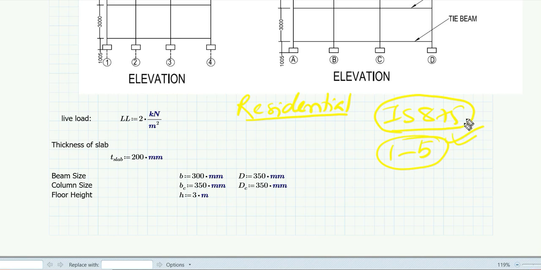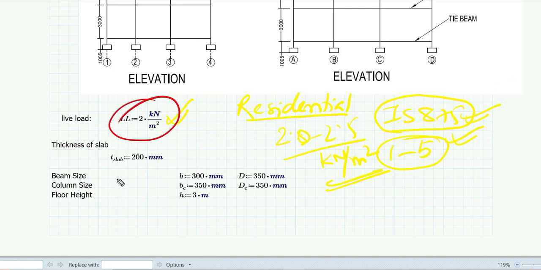If you refer to this code, for a residential building the live load range is between 2 to 2.5 kilonewton per meter square. Suppose we have considered here the live load as 2 kilonewton per meter square. This is the live load that we have assumed.